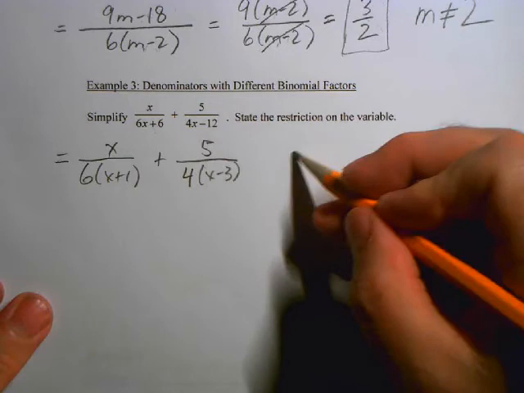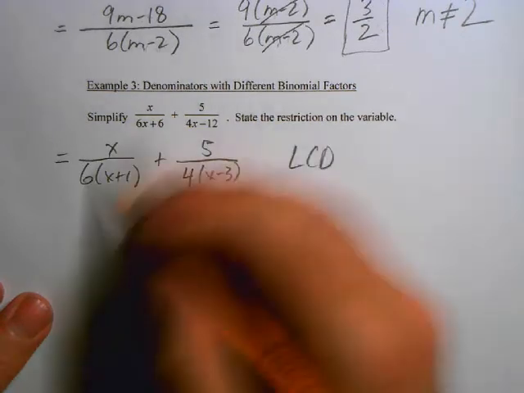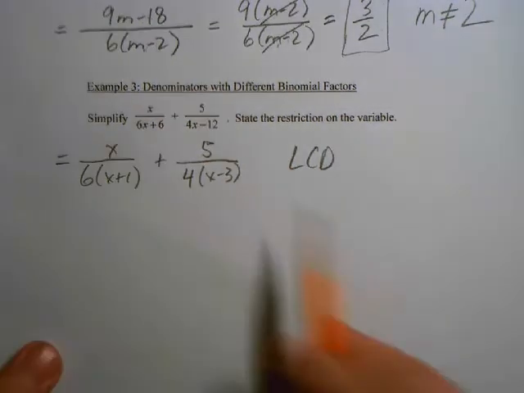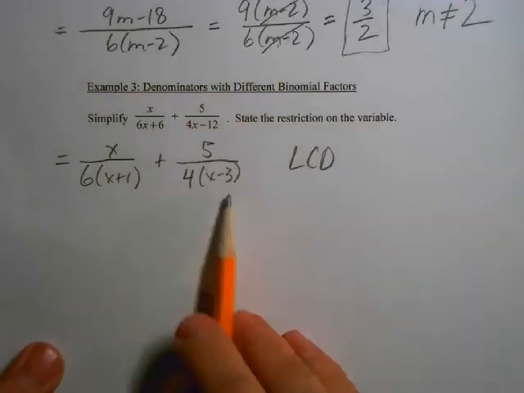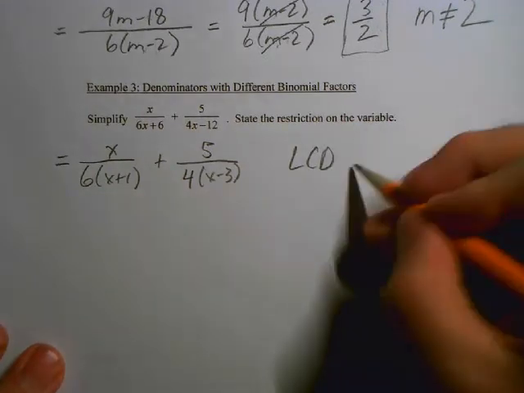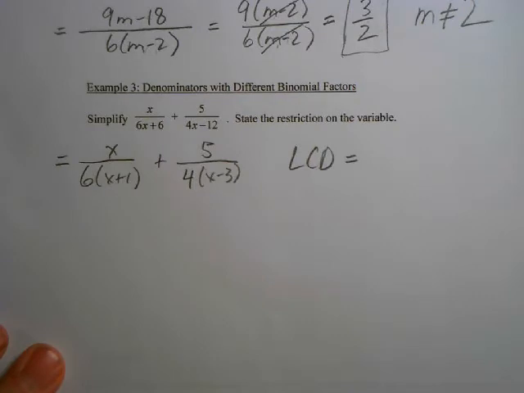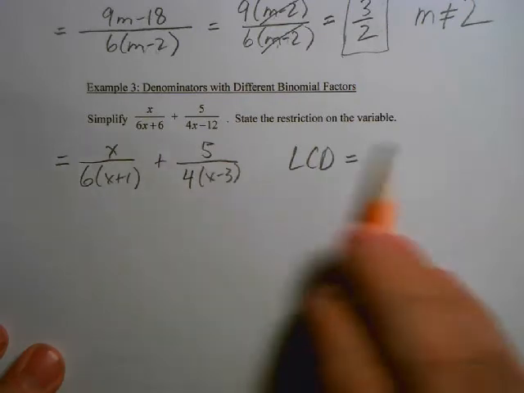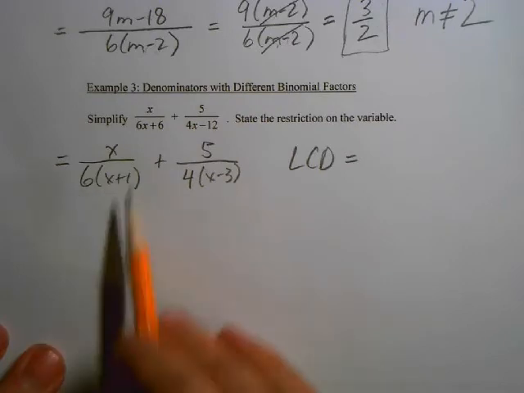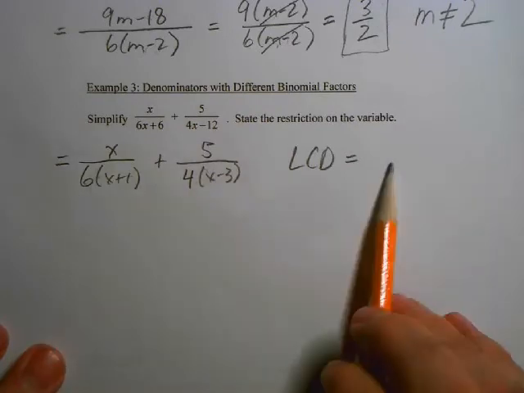Now we look for the lowest common denominator for this addition of rational expressions. So I'm looking at my two denominators, and I want to come up with a series of factors that I could multiply with each of these to get this lowest common denominator.